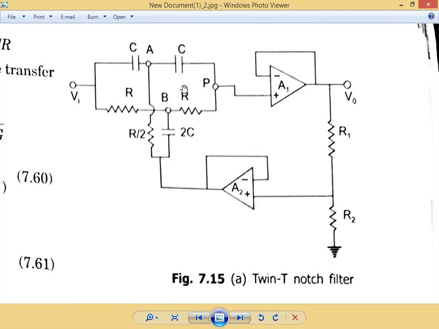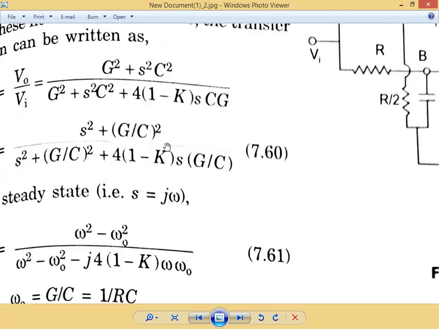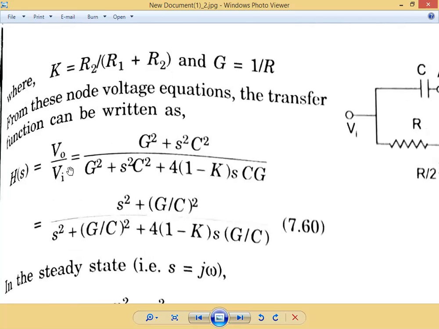So by solving these three equations we are going to get a transfer function V naught by Vi is equal to (G square plus S square C square) divided by (G square plus S square C square plus 4 into (1 minus K) into SCG).